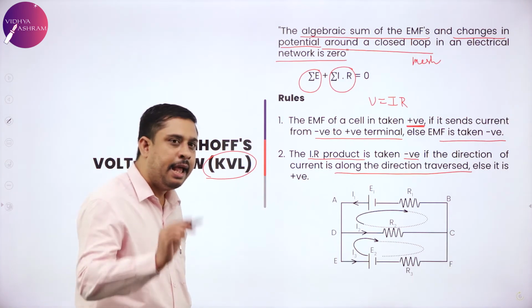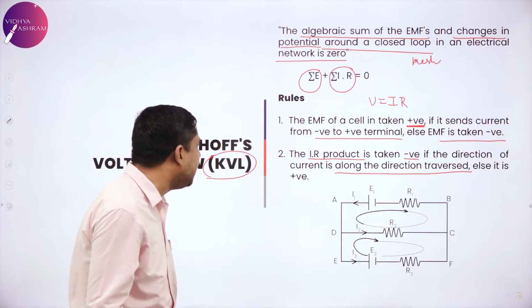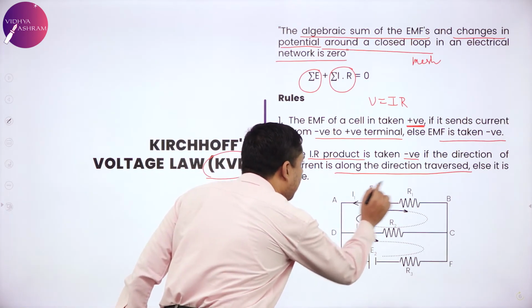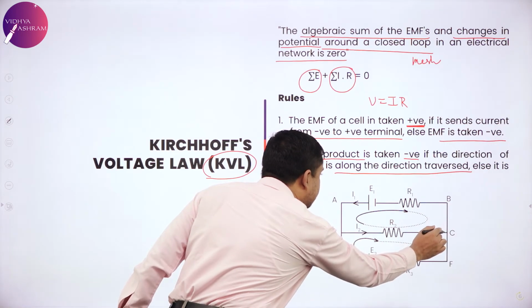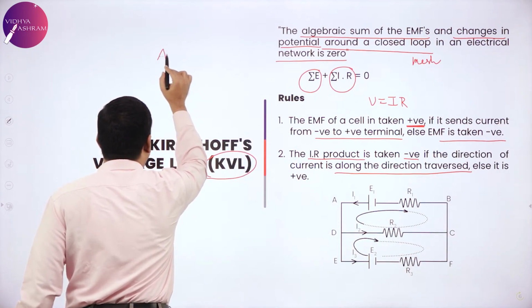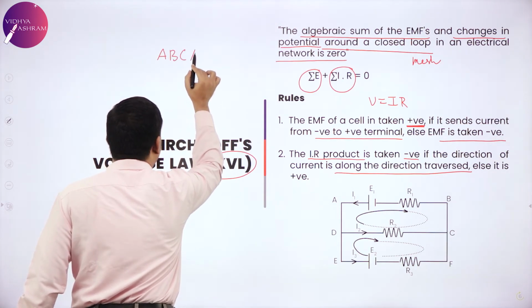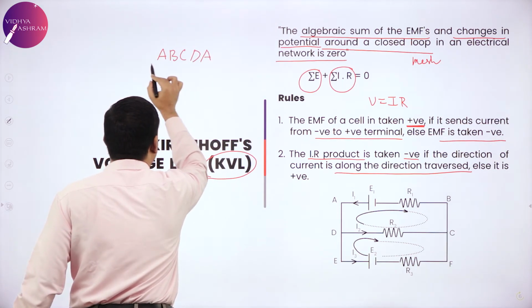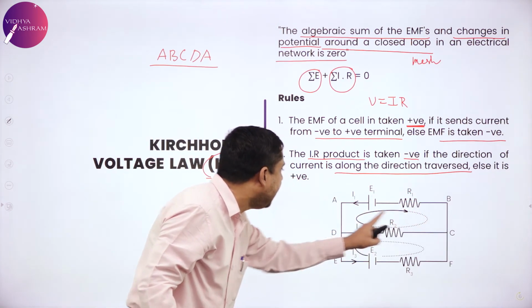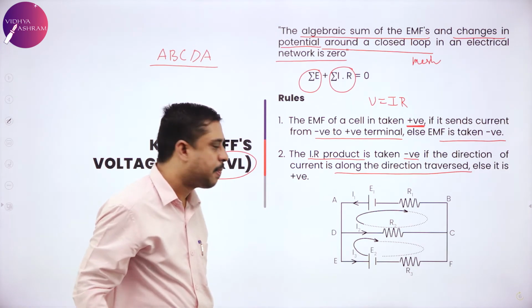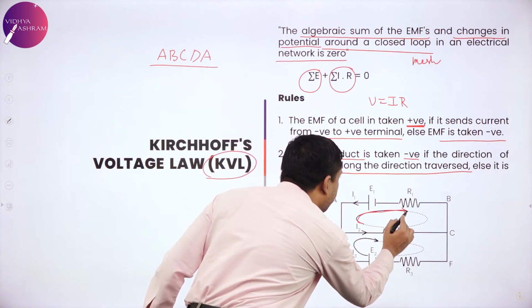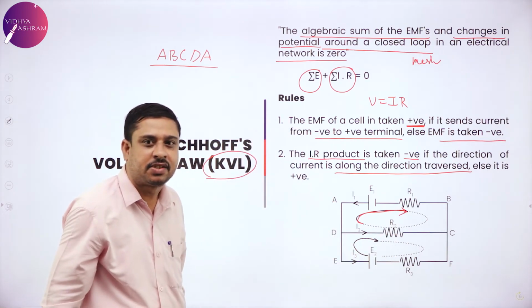Now, I will apply KVL to the mesh A, B, C, D, A. And this is the direction of traverse.